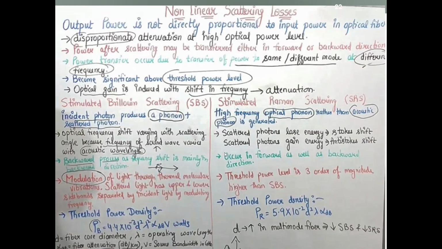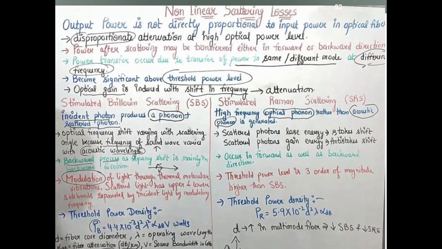I have a chart which is going to tell you about both the cases. Here the change in frequency becomes significant above the threshold power level whenever there is a change in optical power level, and nonlinear scattering happens at high speed, high data rate and high transmittivity. So you need to remember that.